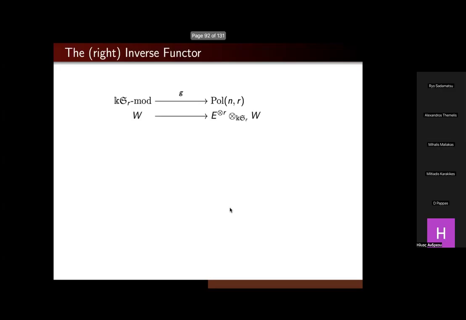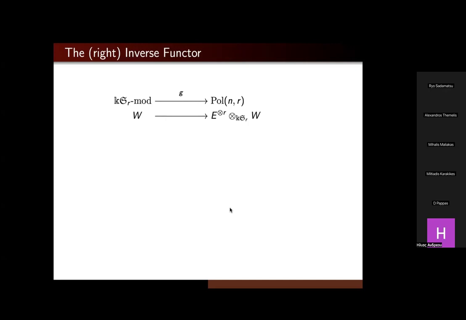What it does is take a model for the symmetric group. You can see the symmetric group acting on the left. Now, the symmetric group is also acting on the r-fold tensor product of the natural model, it just permutes on the right. So I can put them together, I can bond them together with a tensor product, and now I have all the flexibility to act on the left with GLN and actually create a GLN model.